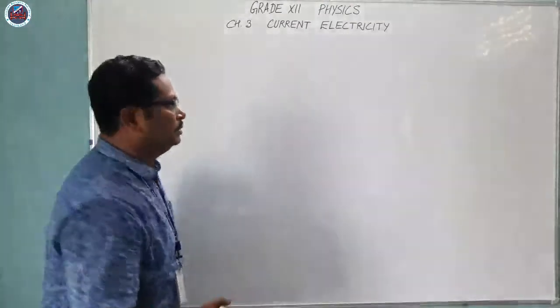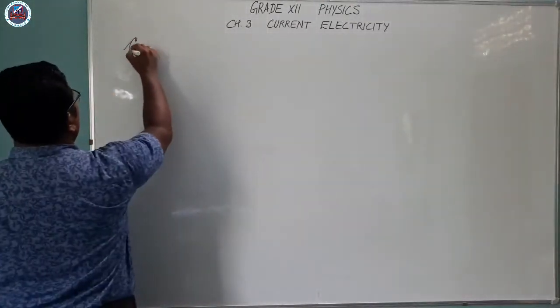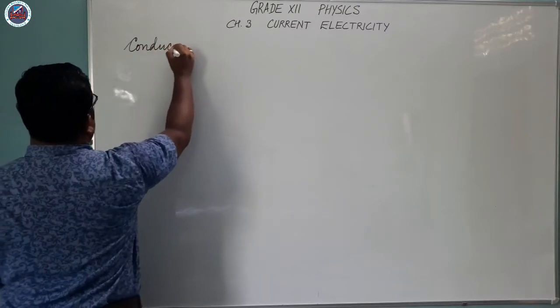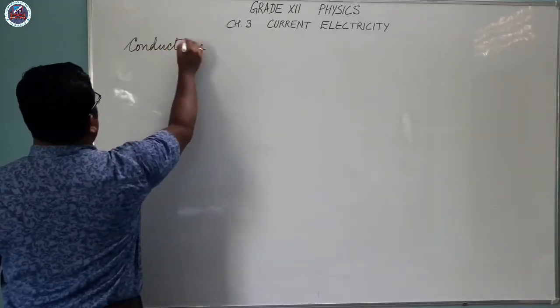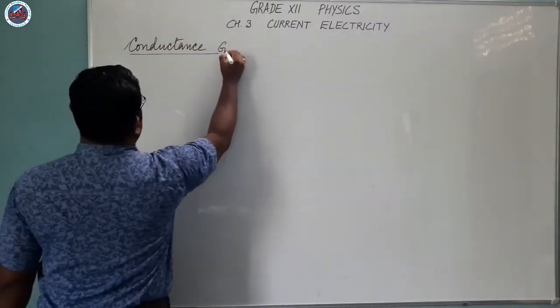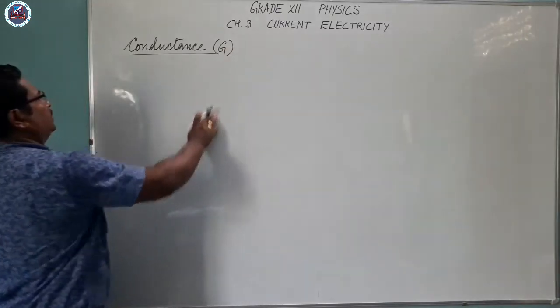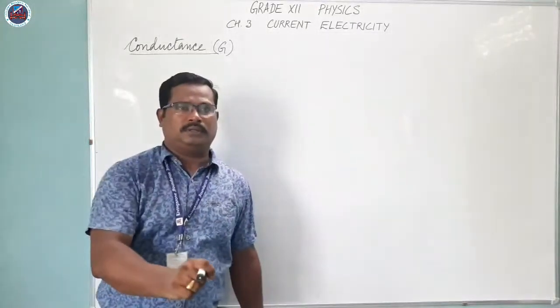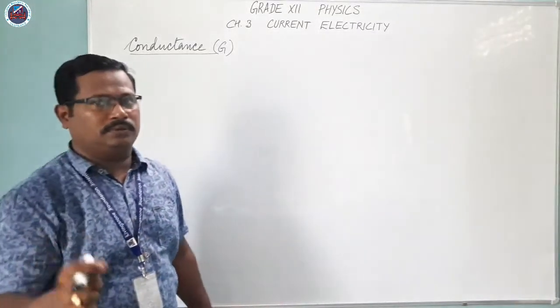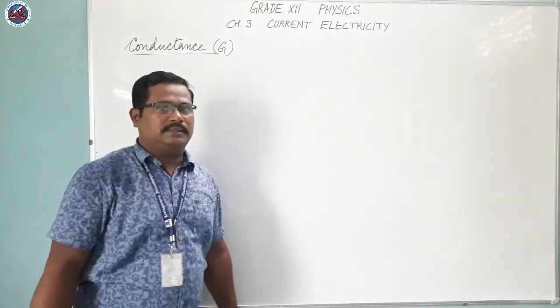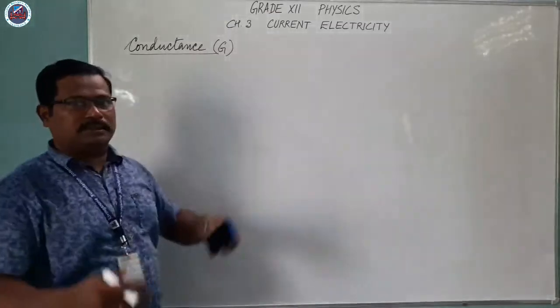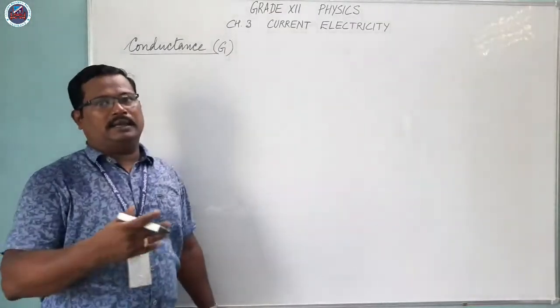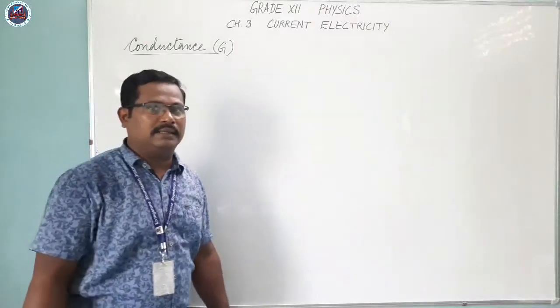Now we'll learn about conductance. It is just the opposite of resistance. Conductance we write as G. Resistance is the capability to oppose the flow of current. Conductance is just the opposite of that. It allows the flow of electric current.